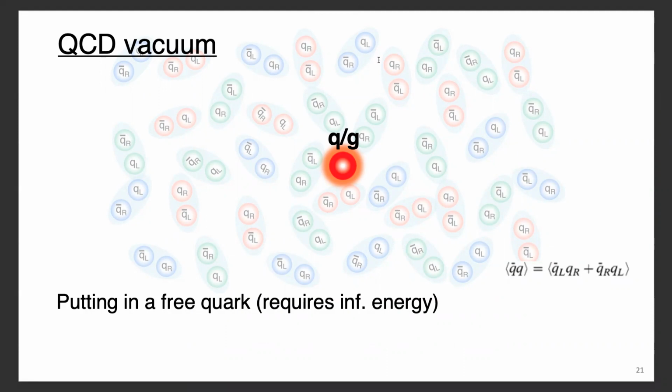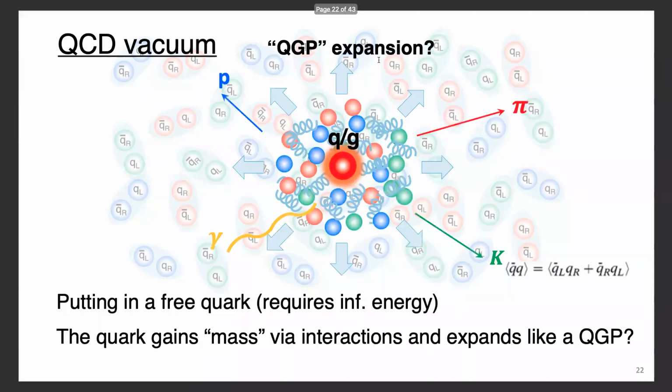But for the sake of argument, if you stay with me, the color force is so strong that immediately it's going to pull all the quarks and gluons out of the vacuum. So the quark will quickly gain mass through interactions, and this system can expand like a quark plasma. Hypothetical.